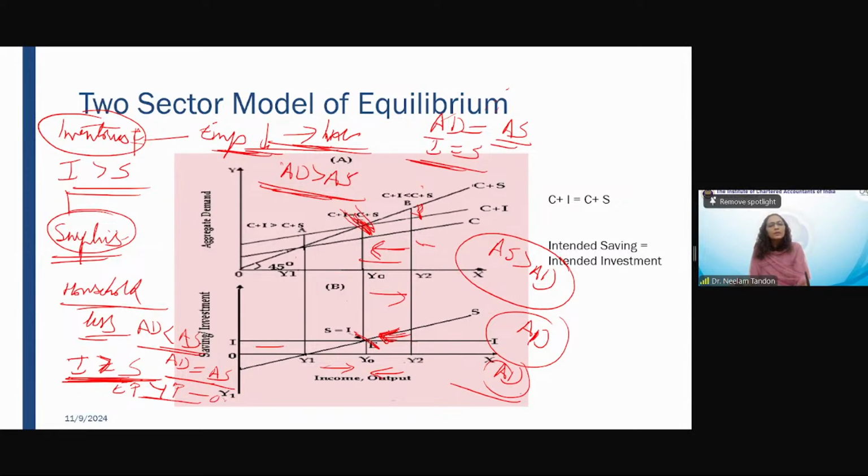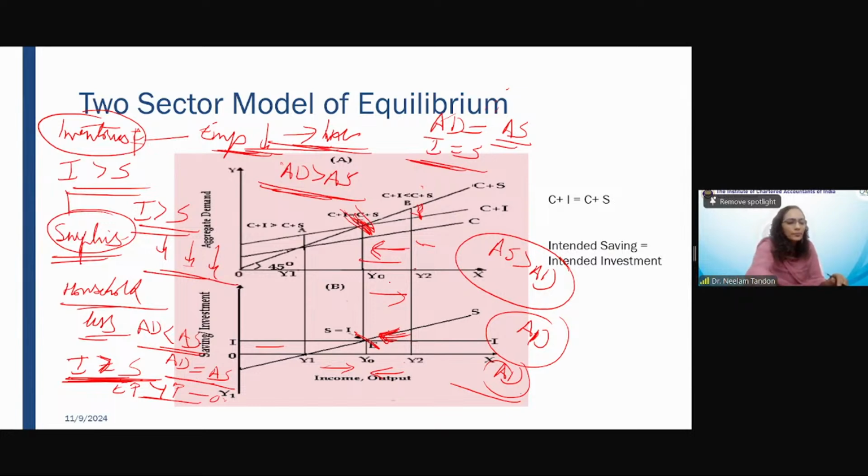But if investments are less than savings, what will happen in the country? Income will decrease, output will decrease, employment in the country will decrease, and the economy will move back from Y to Y0.